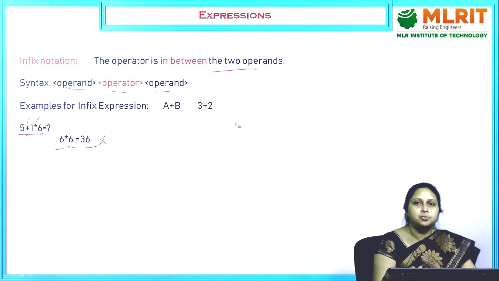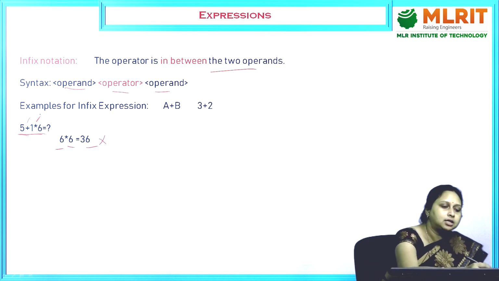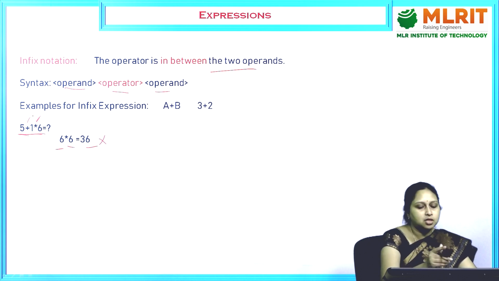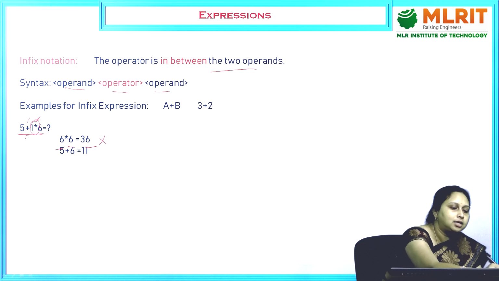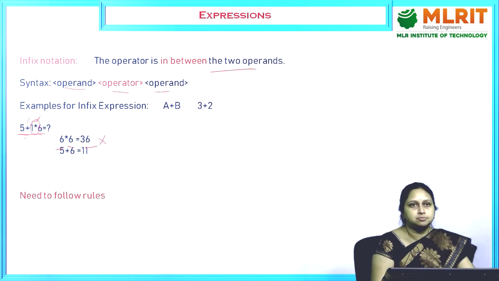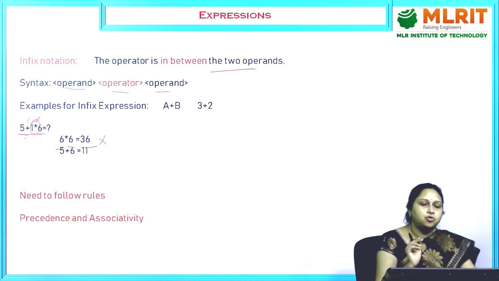When coming to programming, the same thing we represent with priority and associativity also. Okay, let us look into that. According to that, here star has higher priority compared with plus. That's why first we calculate 1 into 6, which is 6. Then we perform the addition. That is how we calculate. Now, for that I told you, right, we need to follow some rules. Those are nothing but the precedence and associativity.